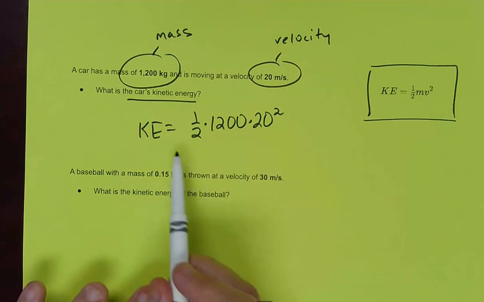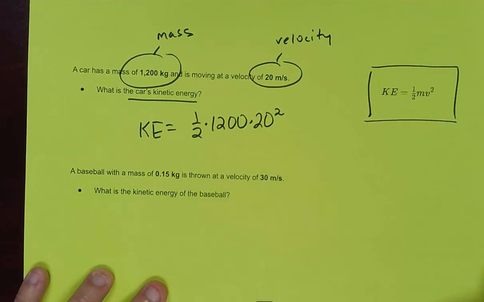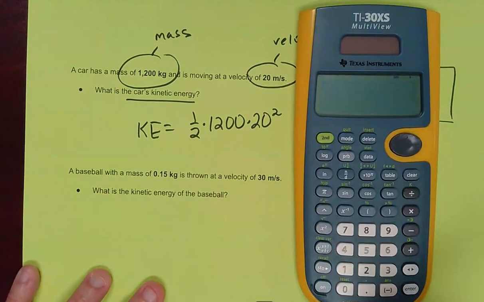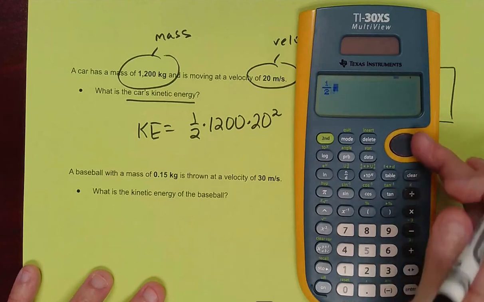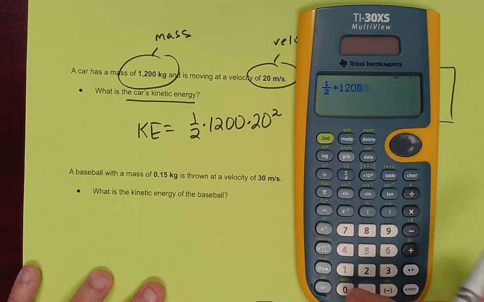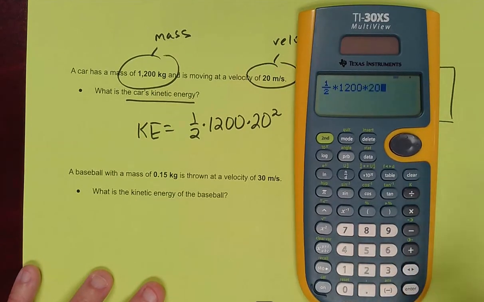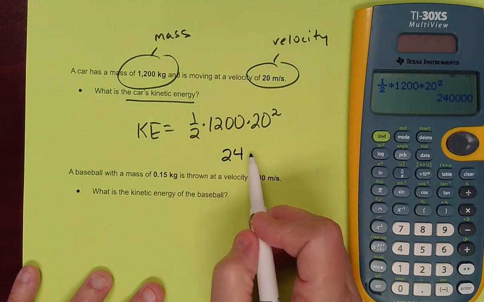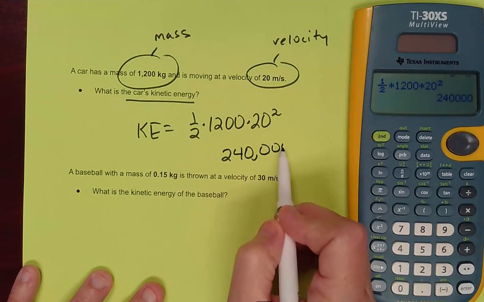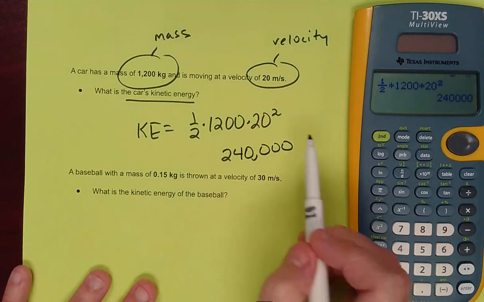And so once I have it in this formula, we can just take our calculator and put it in. My fraction button, half times 1,200 times 20 squared. And if I use this x squared button, it'll put that exponent of 2 on there. And that gives me an energy of 240,000 joules of energy.